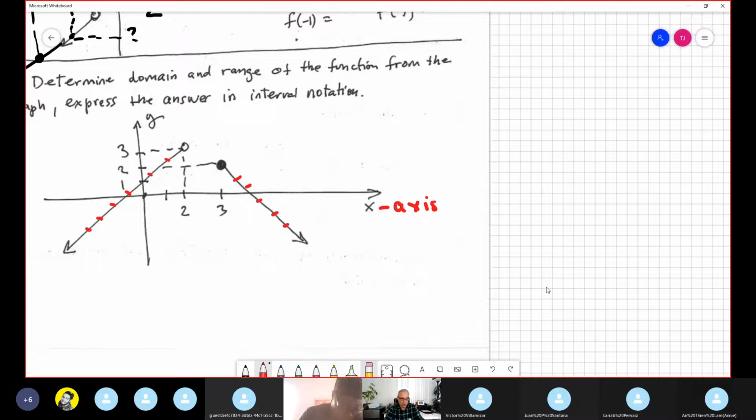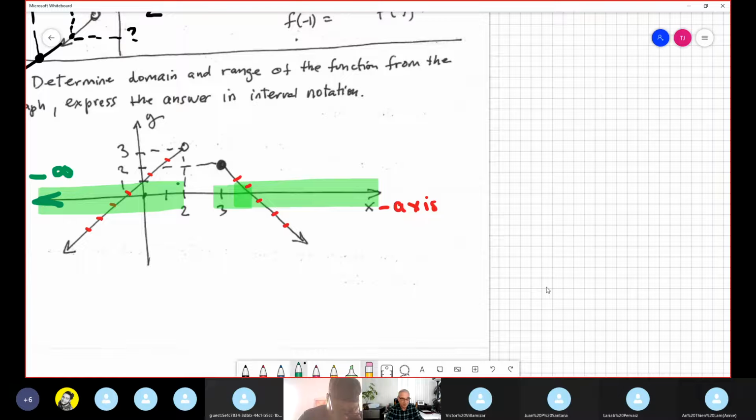Okay, so my domain, what you're projecting, looks like that, I suppose. That part is okay, stop. That part is okay, stop. Okay, I extend a little bit. It's from 3 to infinity. This is important. Look, this is from negative infinity.